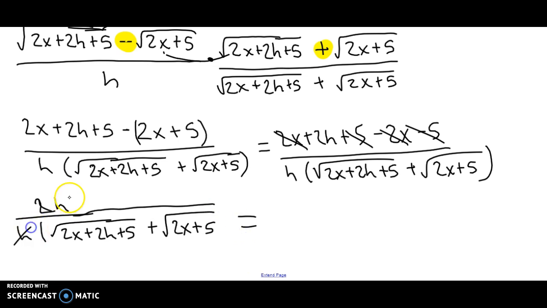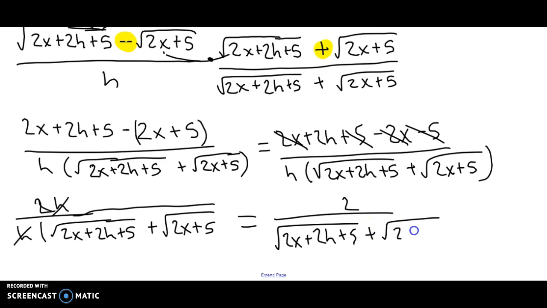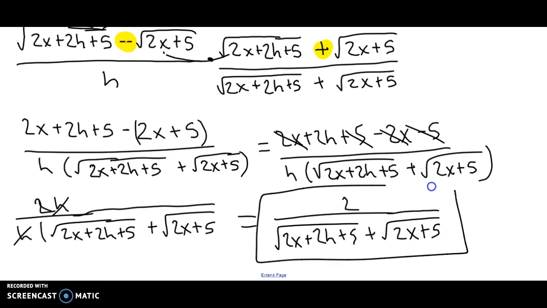You can cancel your h's, so your final solution would be 2 over the square root of 2x plus 2h plus 5 plus the square root of 2x plus 5. So with this type of example, always remember to rationalize the numerator.